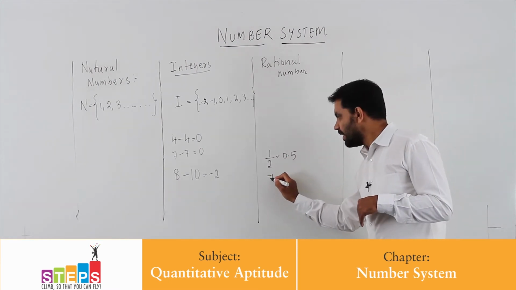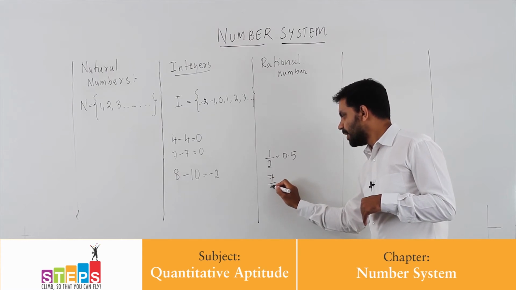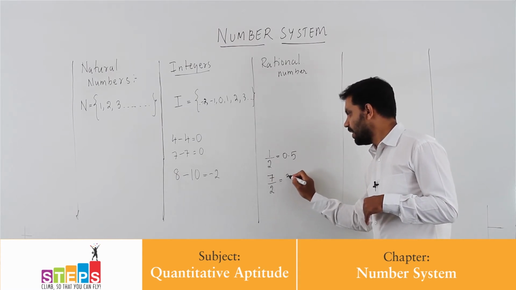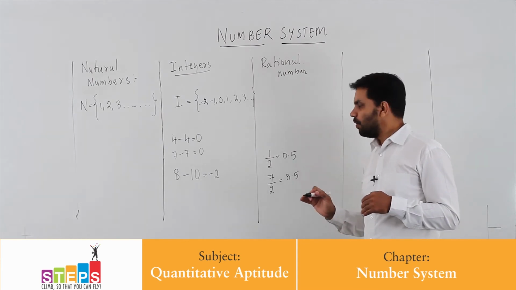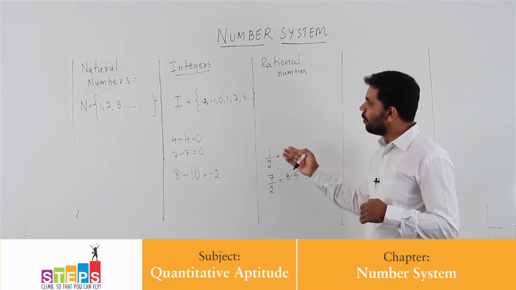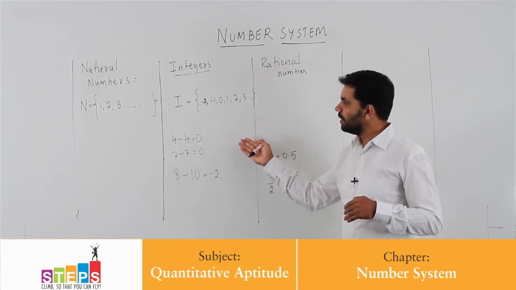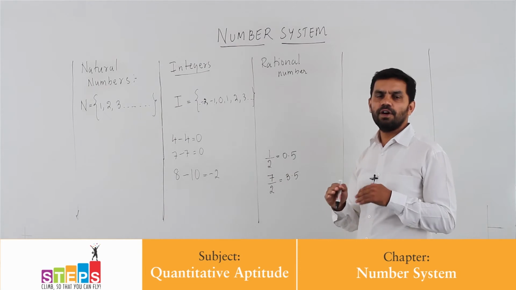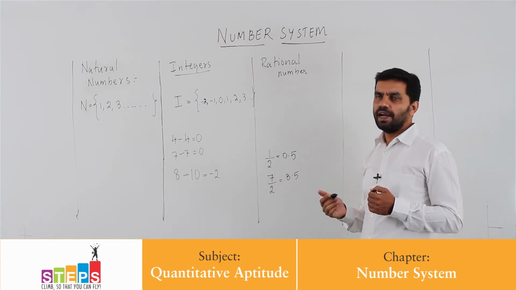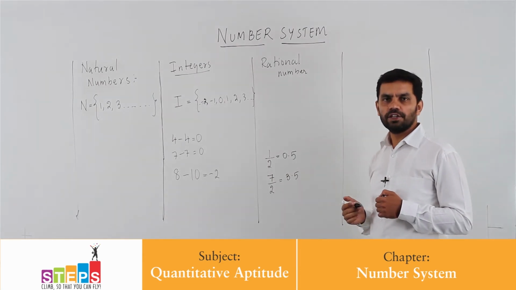When we divide 7 by 2, your answer will be 3.5. Is that clear? Such kind of number is not placed in integers, neither is it placed in natural numbers. Such numbers were included in a new system, which we call rational numbers.